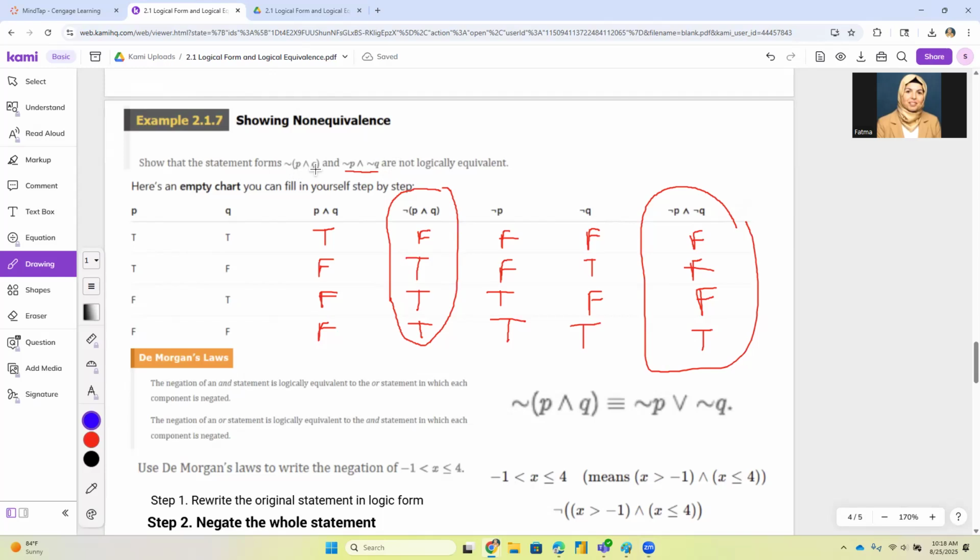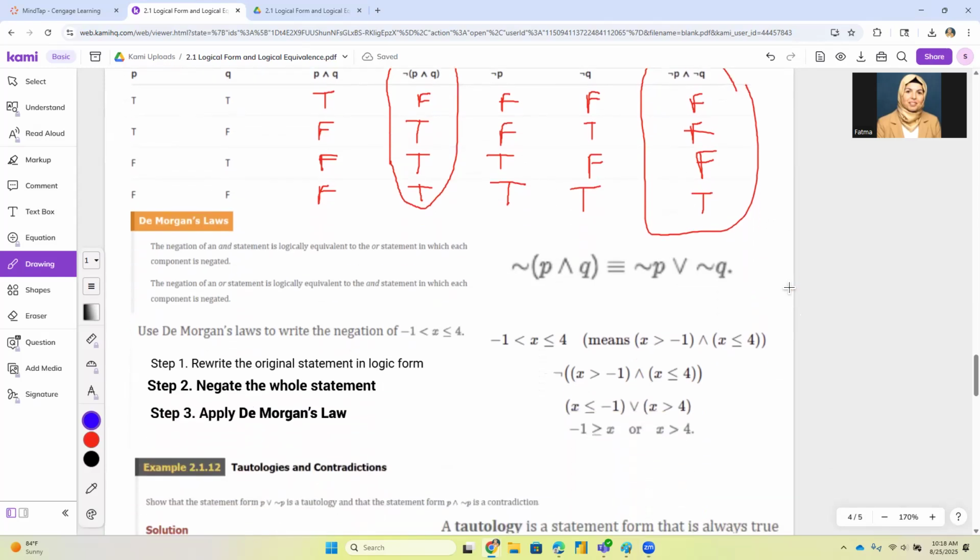When you are negating P and Q, you must say not P or not Q. So if we change this symbol to or using De Morgan's laws, we are going to get the equivalent truth table. But because we didn't convert it properly, we are proving here that these two will not give you the same truth table.